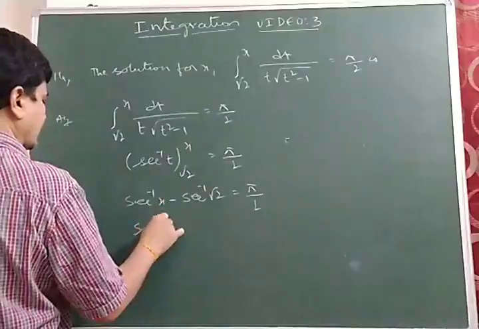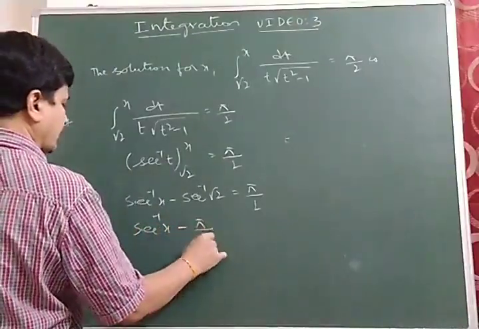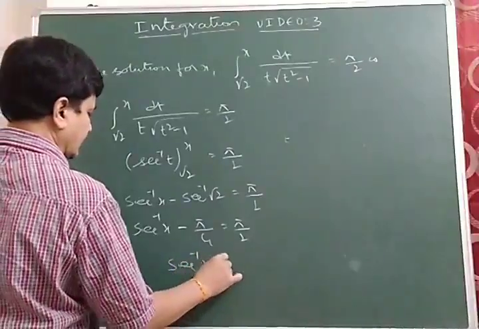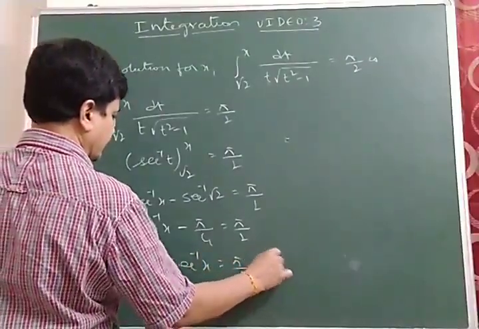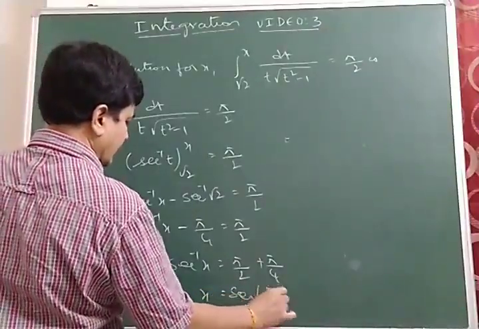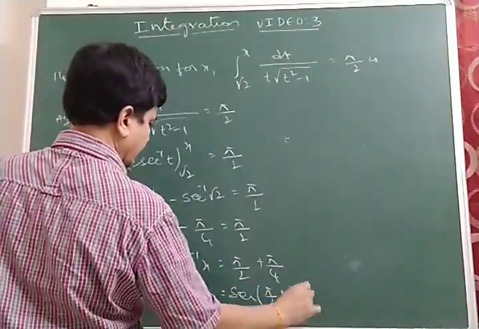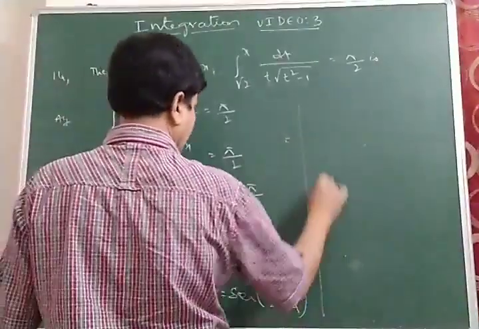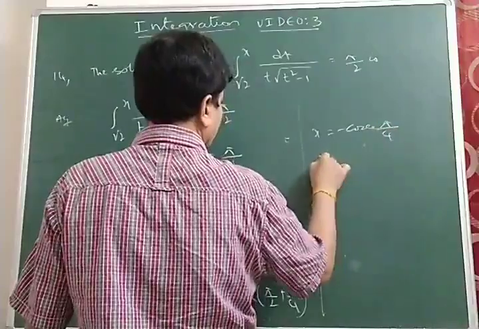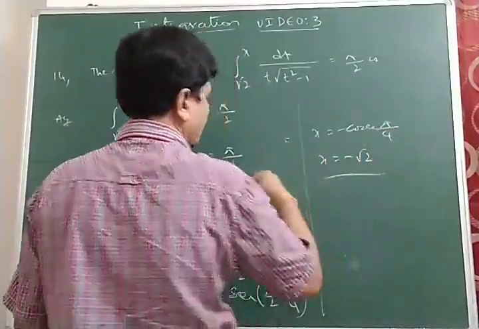Secant inverse x minus pi by 4 is equal to pi by 2. Secant inverse x is equal to pi by 2 plus pi by 4. Now x is equal to secant of pi by 2 plus pi by 4. Now x is equal to minus cosecant pi by 4. That is, x is minus root 2, the answer.